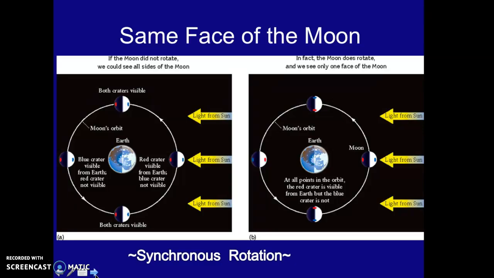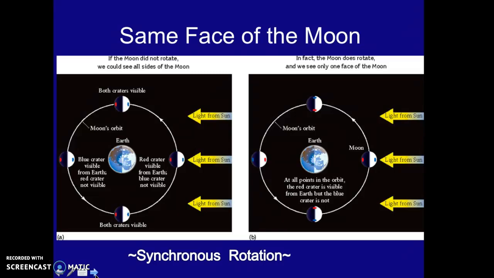But instead, we have something like the right-hand image, where the moon does rotate. And the unique thing is that the moon rotates at the exact rate that it orbits around our Earth. So that means that red crater always faces towards us.